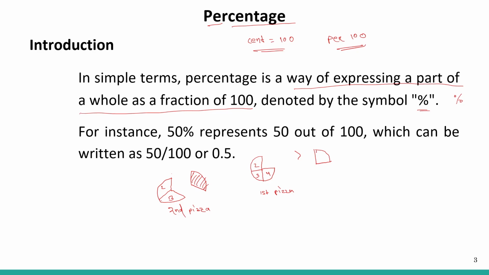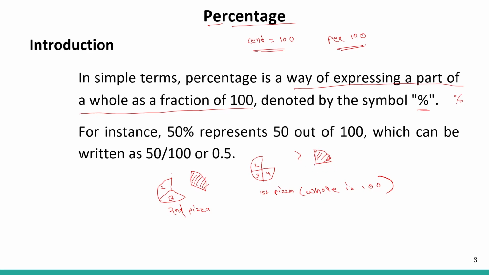Just remember here, the whole for the first pizza was when it was complete. What part in terms of fraction is this part? This is what we need to express in terms of percentage, a way of expressing a part of a whole as a fraction of 100. Let's say the whole was 100. So whole is equal to the first pizza, whole is 100, right?